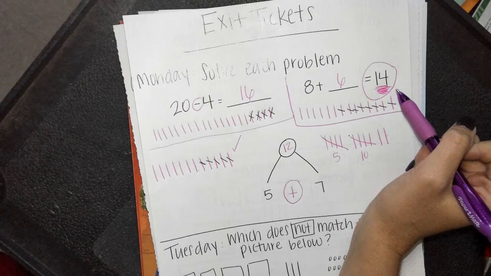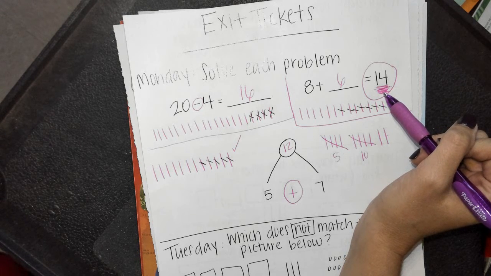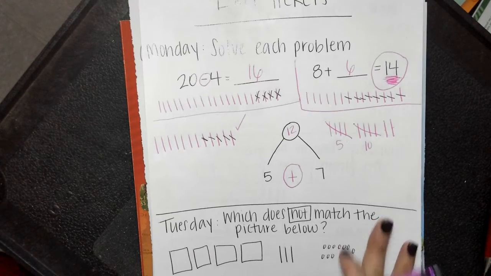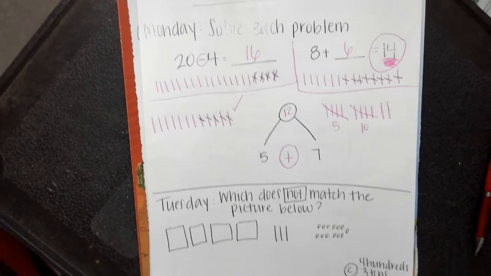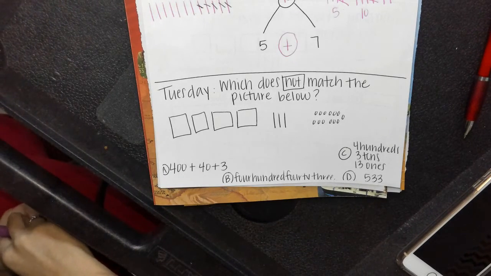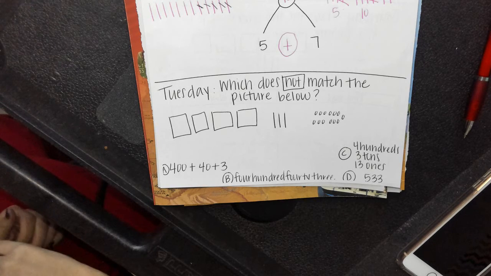Say that with me. If you have the total, you will do what? Subtract. Thank you. The next problem. You need to pay attention to the wording. It says, which does not match the picture below.